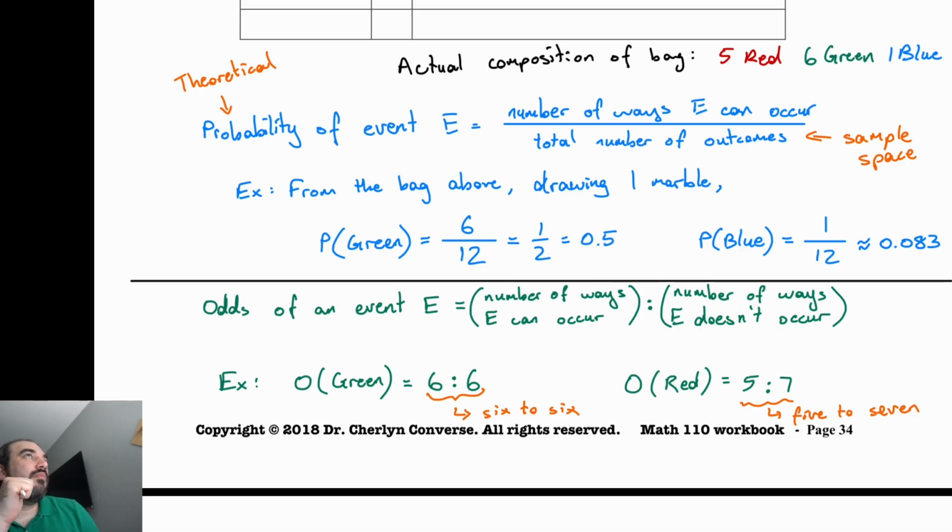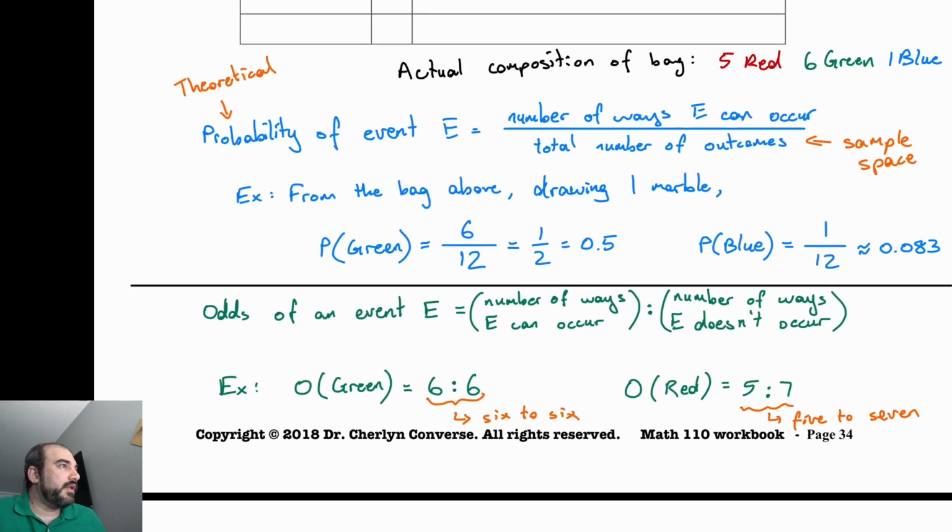Okay. As soon as you go to two marbles or more, it complicates how you count the number of ways E can occur.